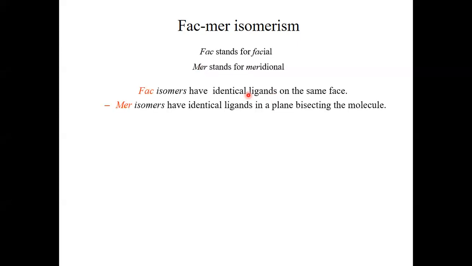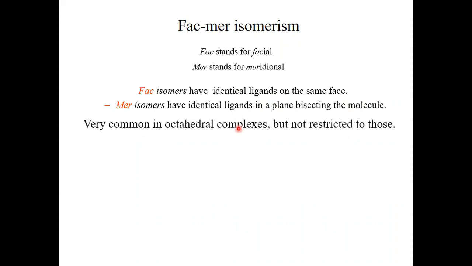It means that when we have a FAC isomer, the identical ligands are on the same face of the polyhedron. And when we have a MER isomer, the respective ligands are in a plane bisecting the molecule. That is very common for octahedral complexes, but not restricted to octahedral complexes.